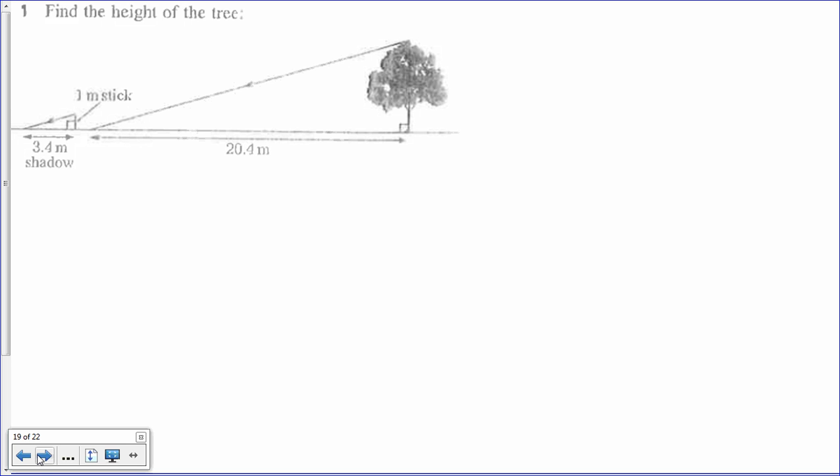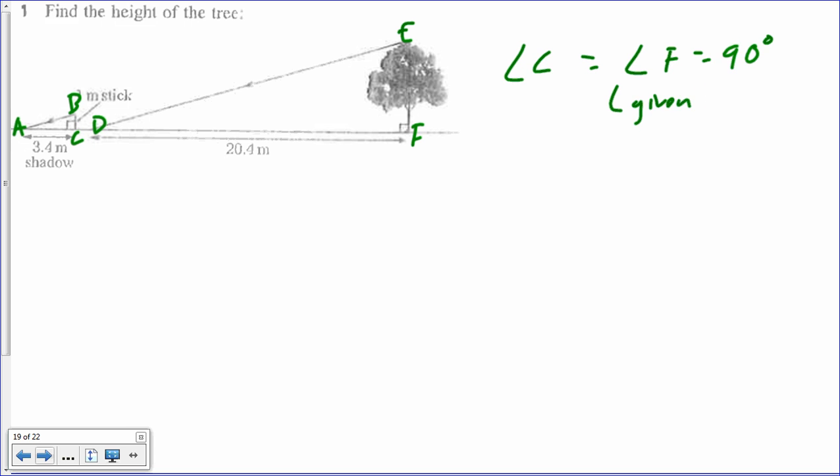Doing the problem solving questions. So here we're looking at similar triangles again. First thing we notice is that, labelling A, B, C, D, E and F, angle C equals angle F equals 90 degrees, given.